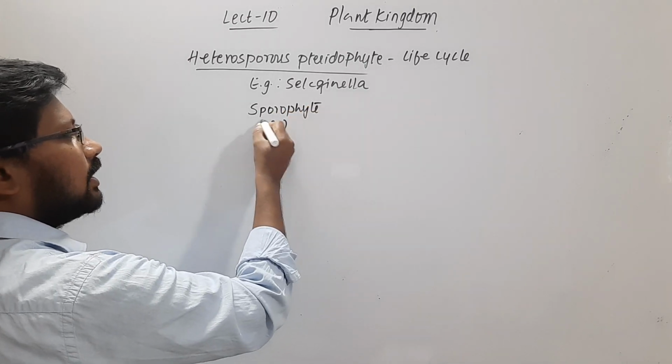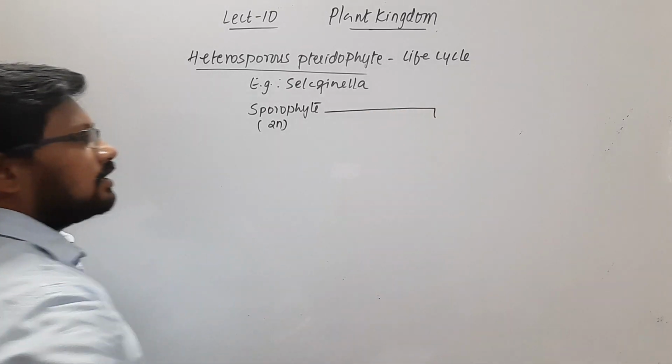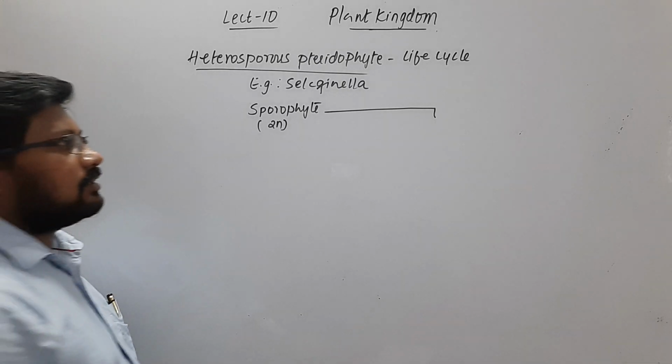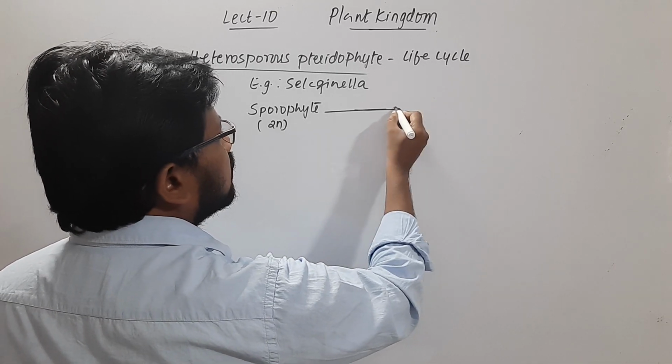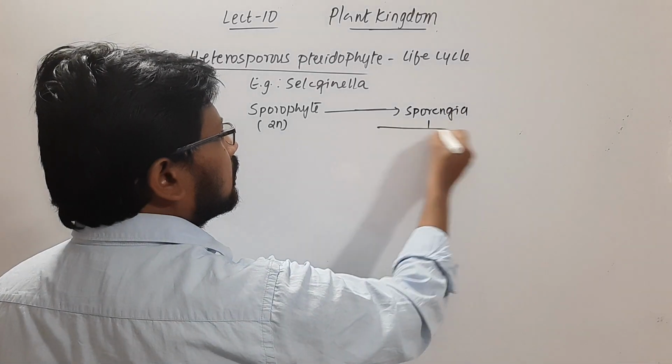which is diploid in condition. This sporophyte will be producing microsporangium and megasporangium, so the sporangia will be of two types.